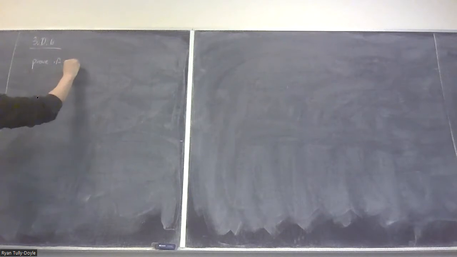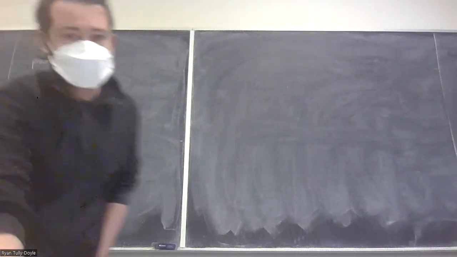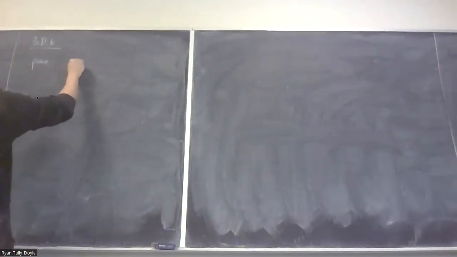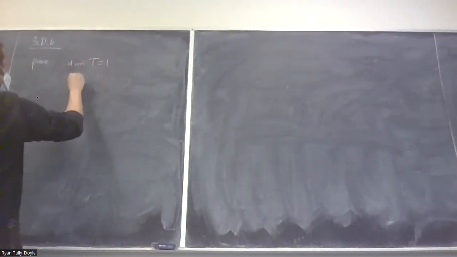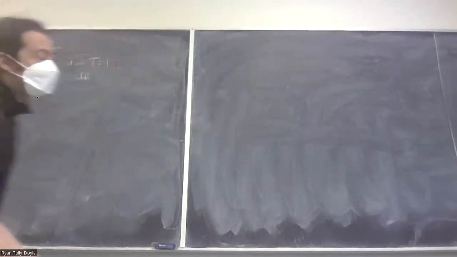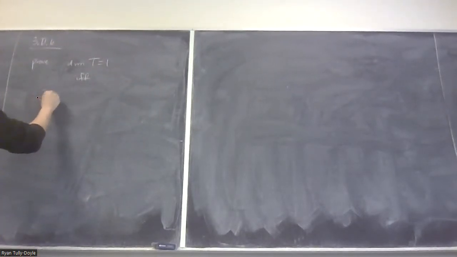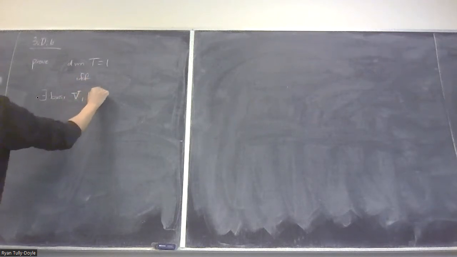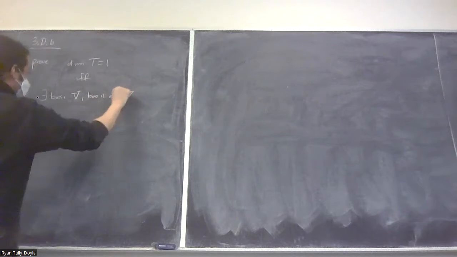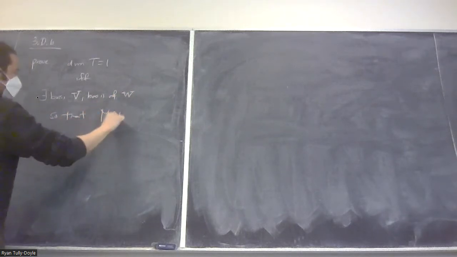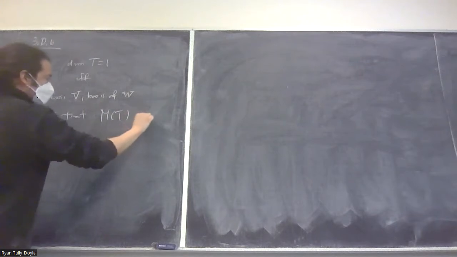Prove that the dimension of the range of T is equal to 1 if and only if there exists a basis of V and a basis of W so that the matrix of T is all ones.